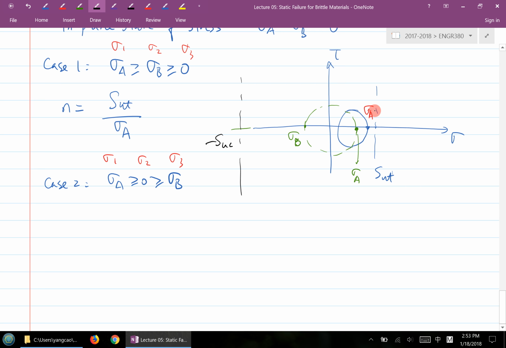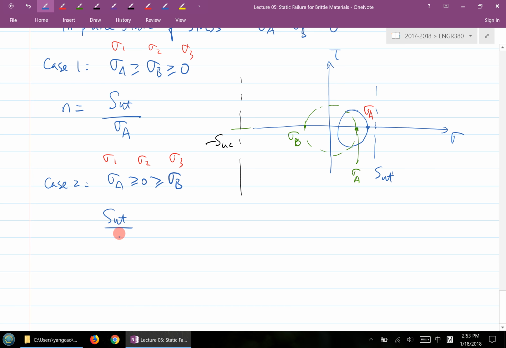If you keep expanding this circle, there could be two possibilities. One possibility is this edge goes beyond here, and the other possibility is this edge goes beyond here. That makes sense? Right?